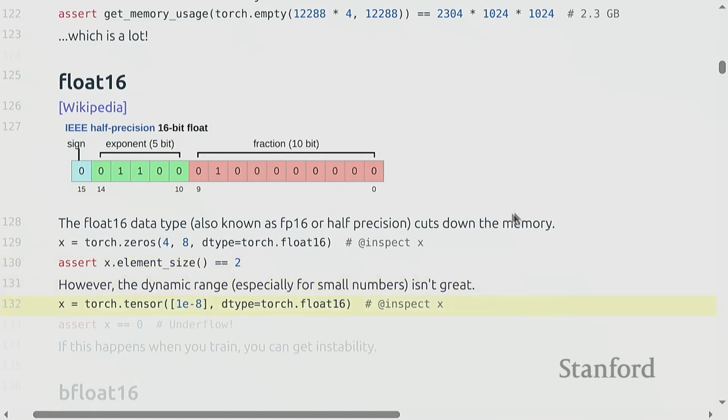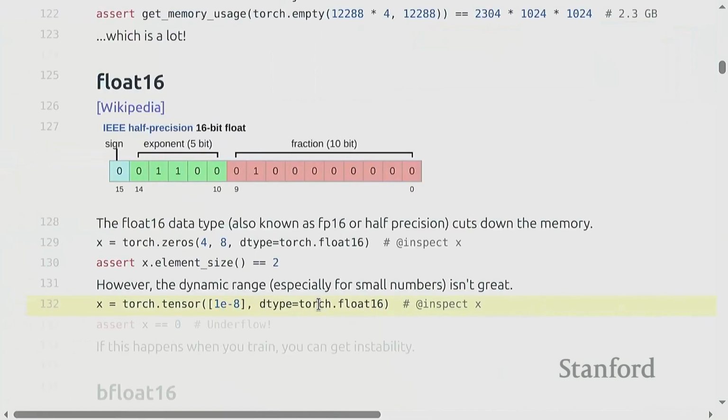So for example, if you try to make a number like 1e minus 8 in float 16, it basically rounds down to 0, and you get underflow. Okay, so float 16 is not great for representing very small numbers or very big numbers, as a matter of fact.